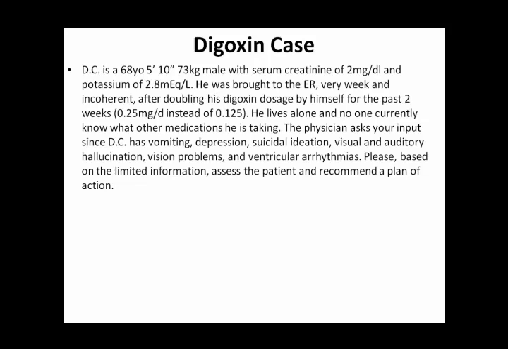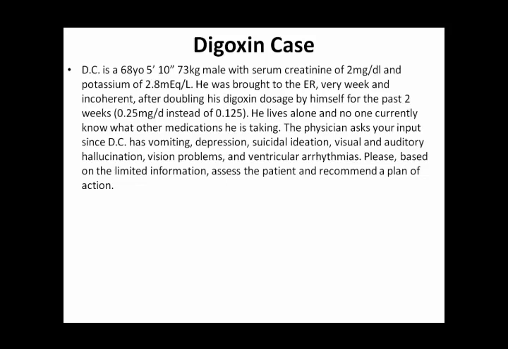The patient came to the ER very weak, incoherent, after doubling his own dose. Apparently he felt that digoxin was not working, so he increased the dose from 0.125 to 0.25 milligram per day.